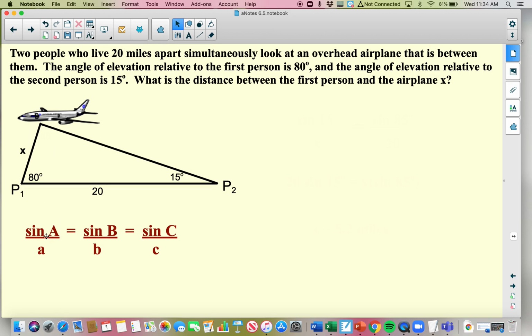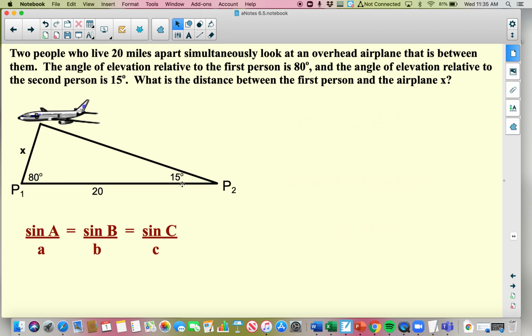Okay, now clearly this is not a right triangle. You cannot use SOHCAHTOA. But good news is we might be able to use the law of sines. First of all, if you can use the law of sines, you have to have an angle and a side opposite for sure, because looking at these ratios, you have to have at least one of these completely.